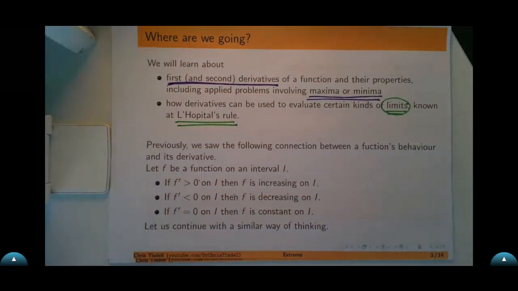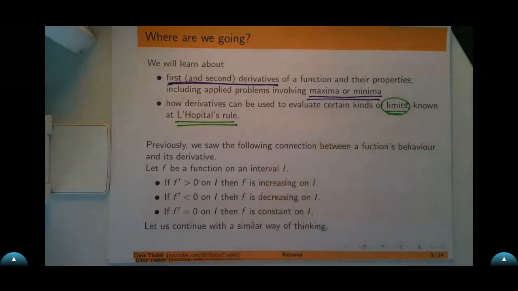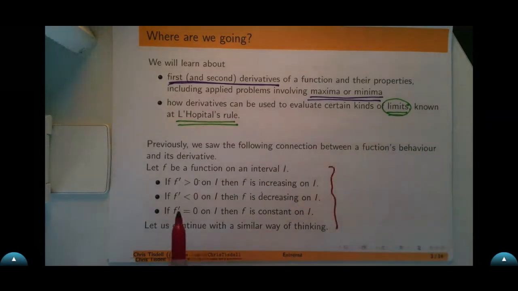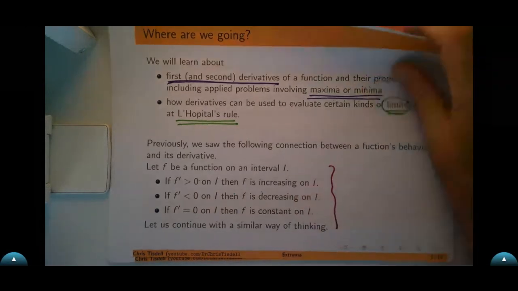Let's look at first and second order derivatives and connect it with what we already know. If a function has a derivative that's positive on some interval, then f is an increasing function, so it goes up from left to right. If the derivative is negative, then it's decreasing from left to right. And if it's 0, then it's just a horizontal line. We're going to continue with this thought process in this lecture.